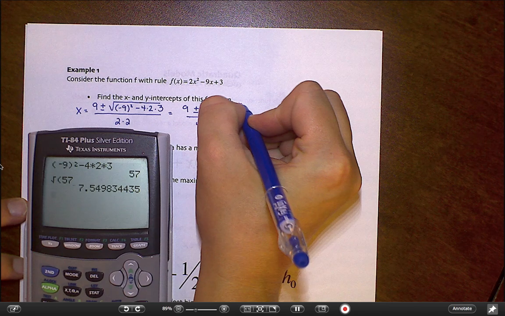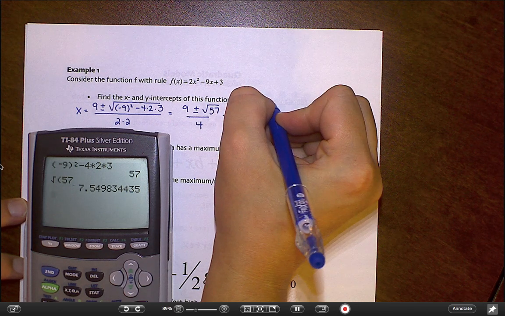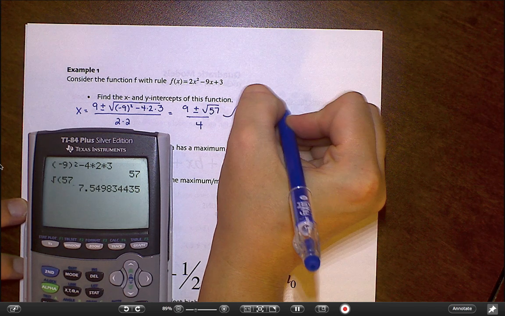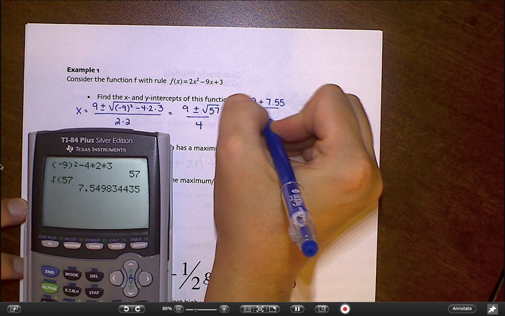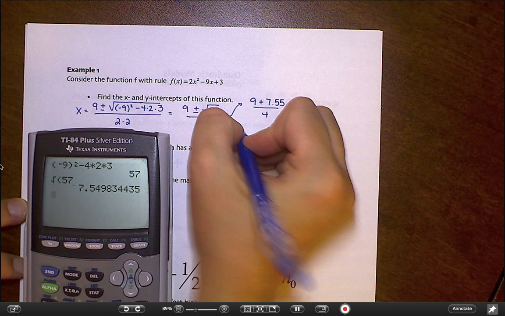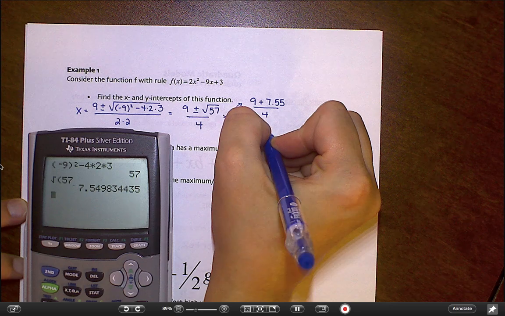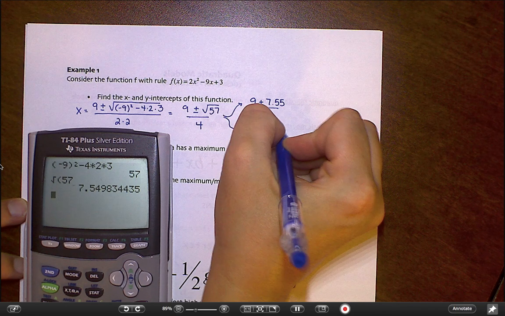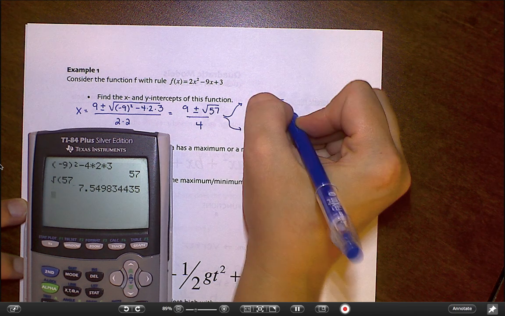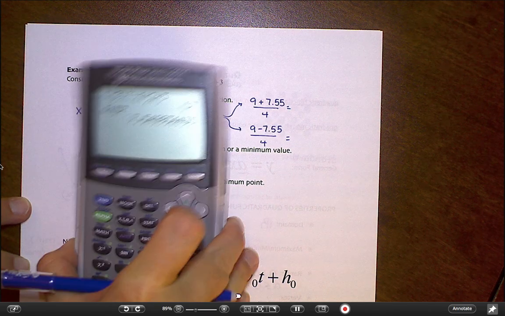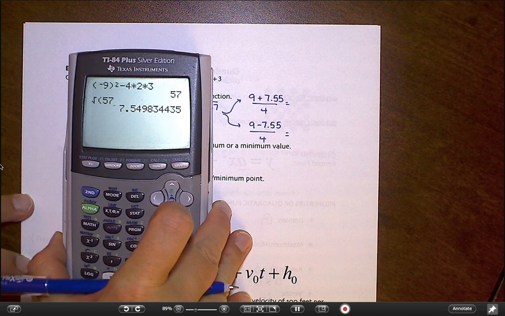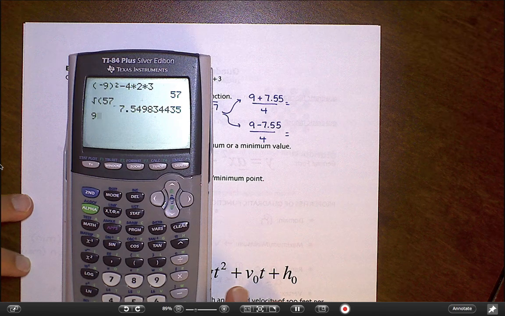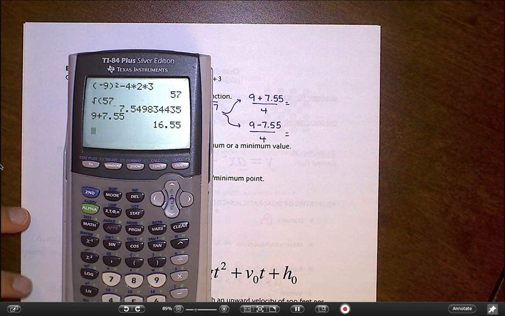So this is where I'm going to split and say it could be 9 plus 7.55 over 4, or 9 minus 7.55 over 4. Okay. In my calculator, I'm going to do this in 2 steps. So 9 plus 7.55. Notice I'm hitting enter, and then I'm dividing by 4.